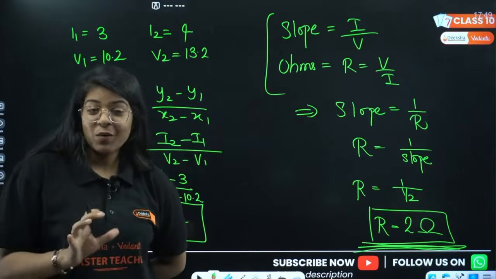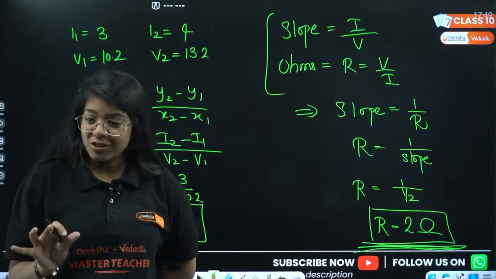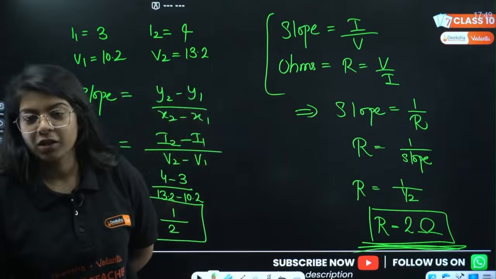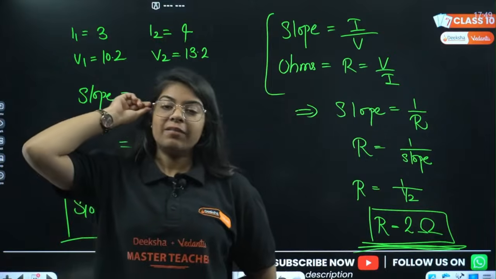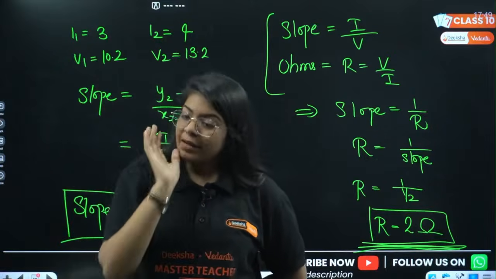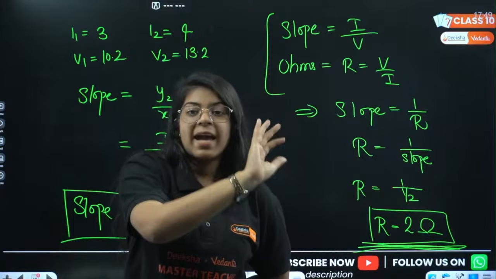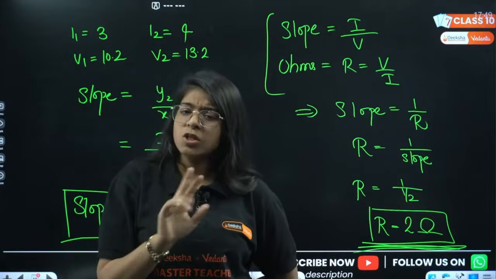Understood? Good question, conceptually rich question. Whenever you have a graph, you have to find the slope first and then use Ohm's law. Just 2 steps.